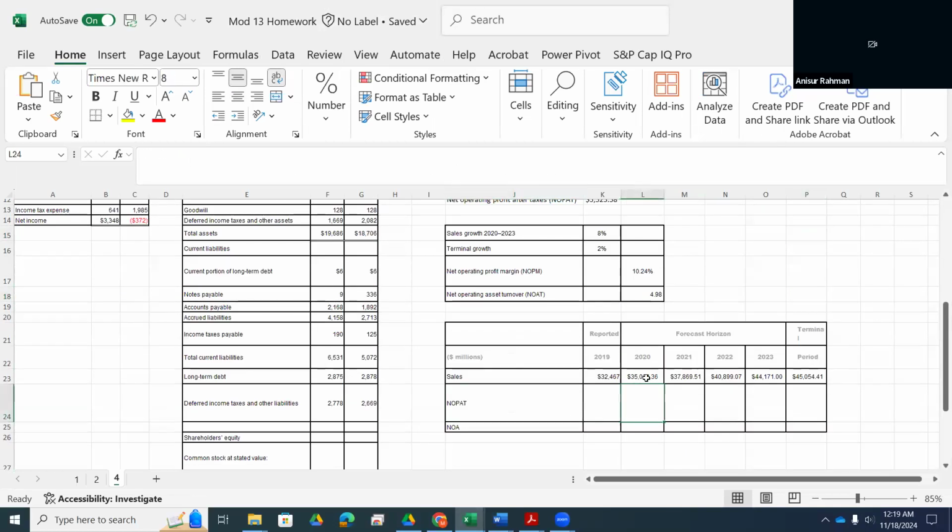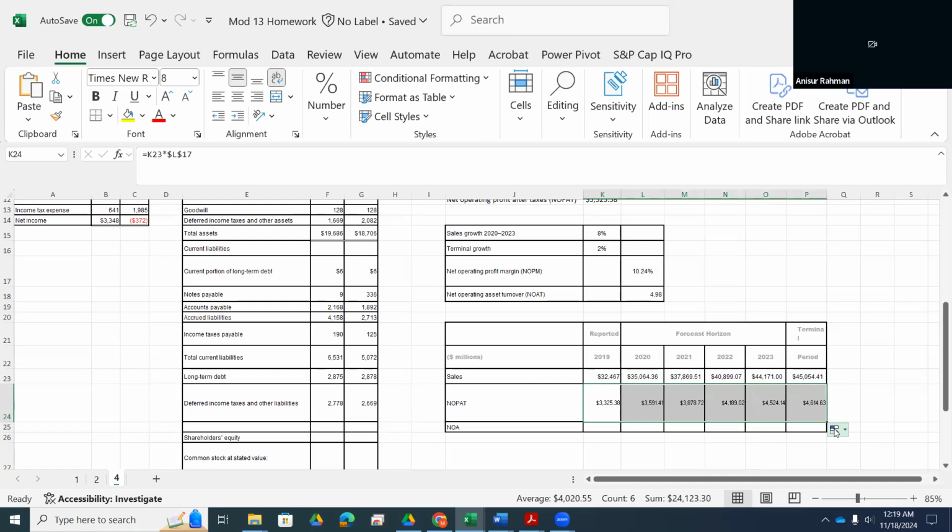Now our NOPAT, we are going to calculate. So our NOPAT is 10.24% of sales. So sales times this NOPM. I'll lock this cell, hit enter, and pull across.